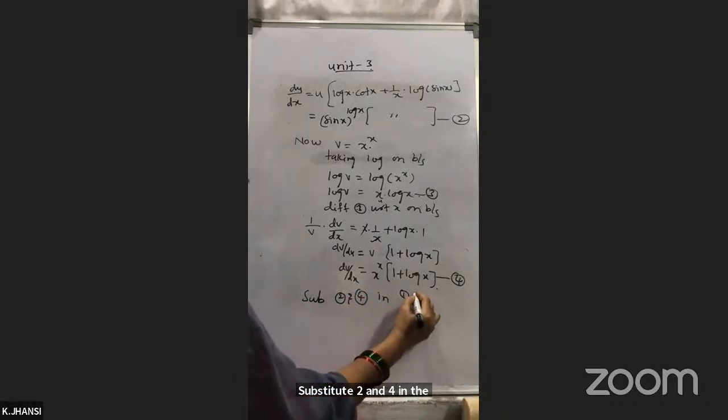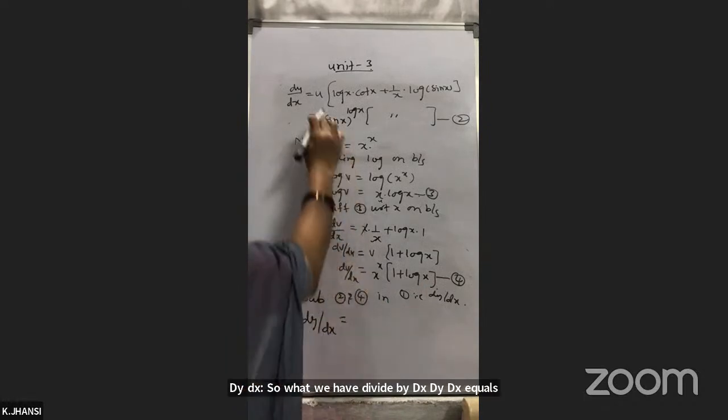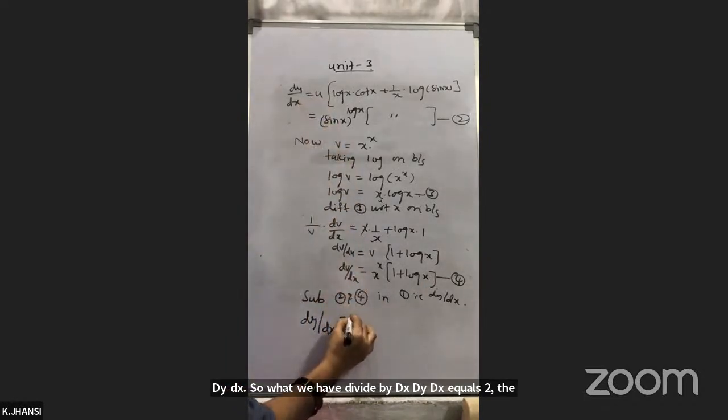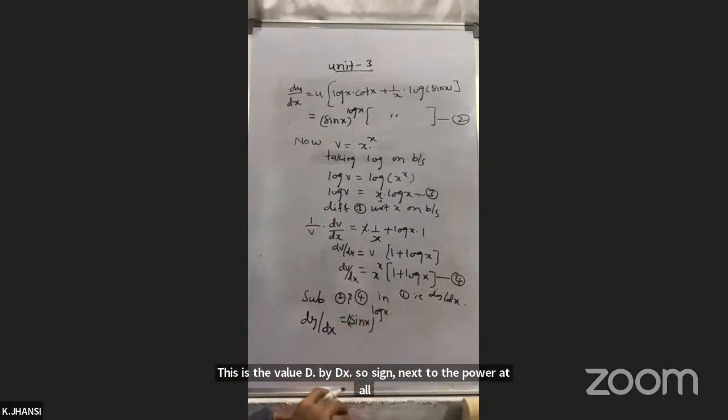That is in dy by dx. So what do we have for dy by dx? dy by dx is equal to du by dx, this is the value of du by dx, so sin x to the power of log x.